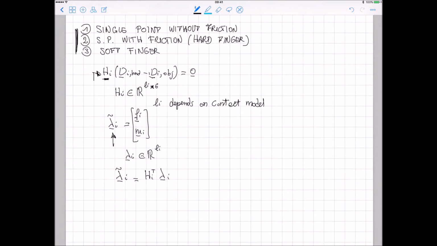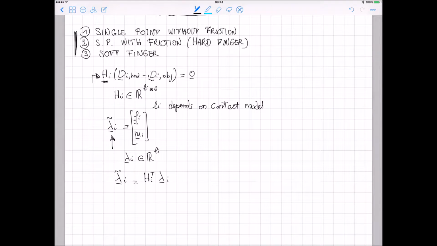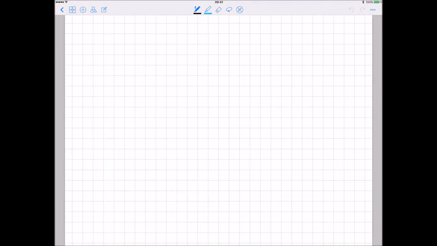Okay, this will be more clear, I think, when we will see more deeply each contact type. Let's analyze, for example, the first contact model that we saw, the single point without friction.